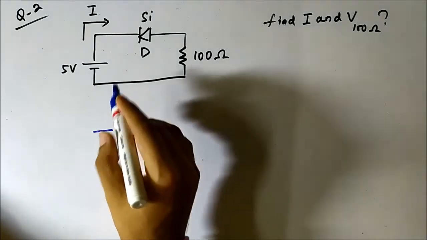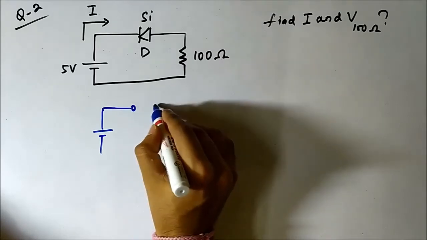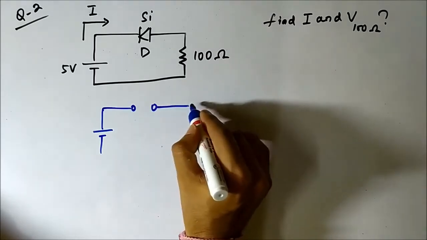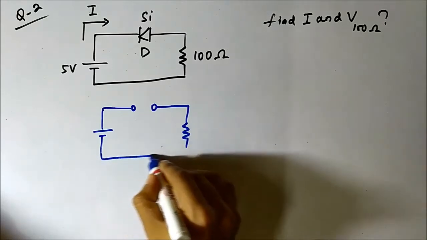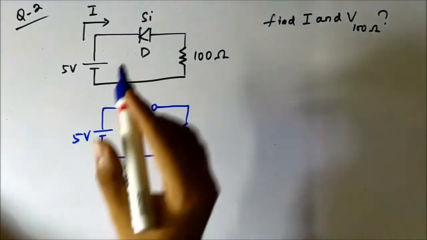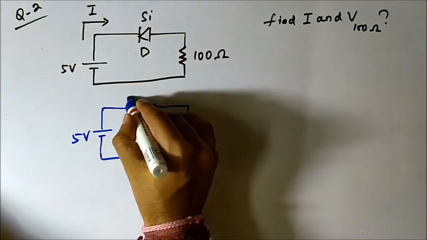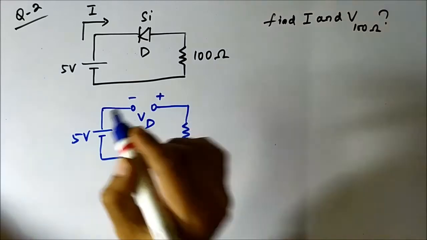We'll assume that the diode is off. We will open circuit it, and we'll try to find out the voltage across the diode.